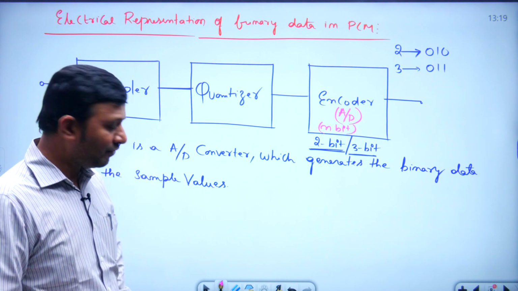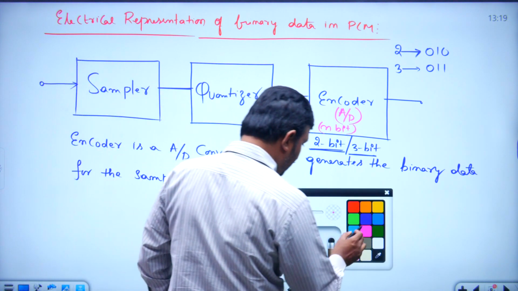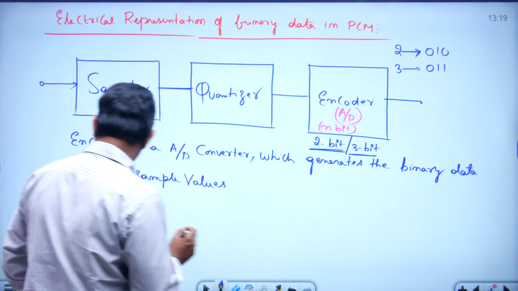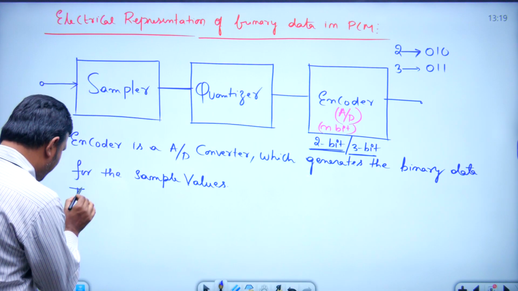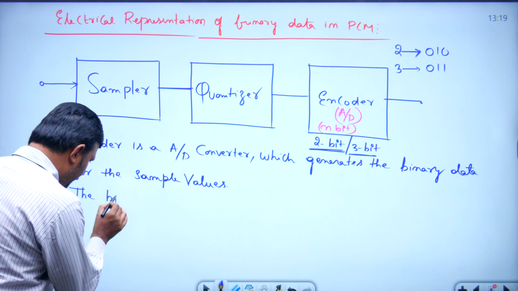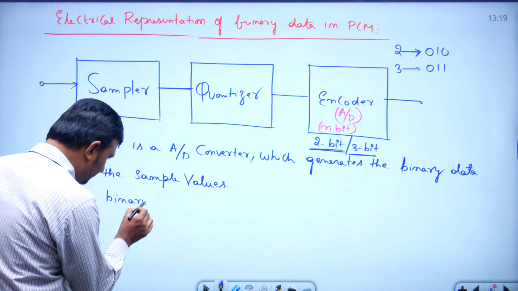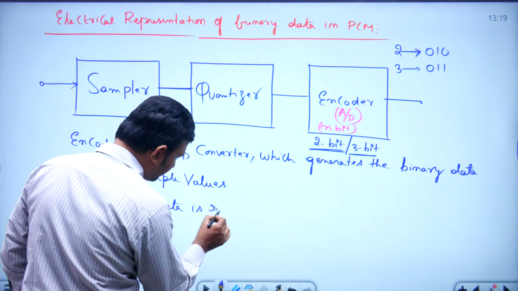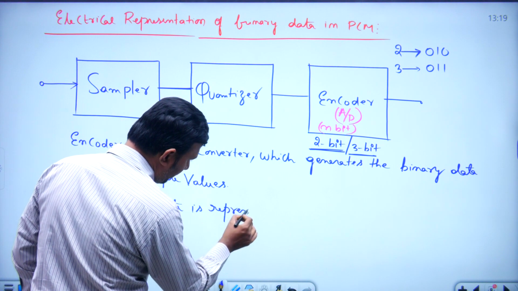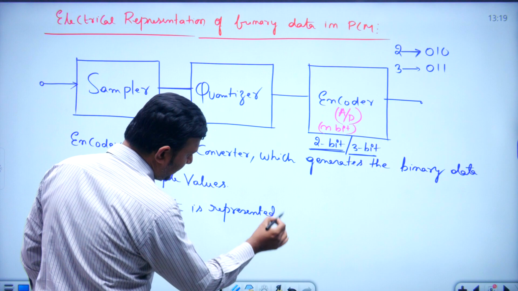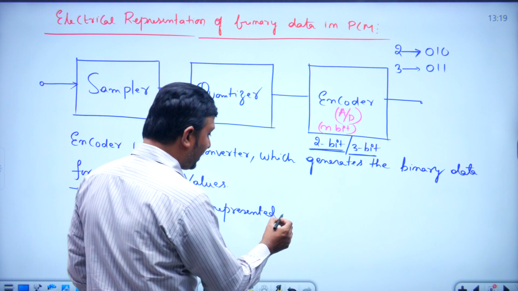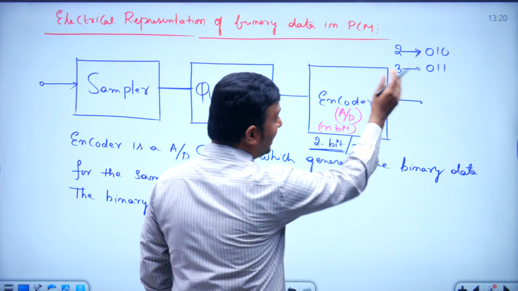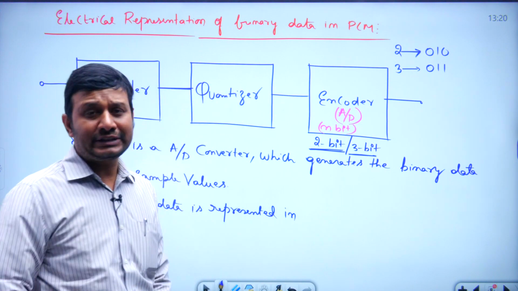And after this, what are we going to do? The binary data is represented in various electrical formats. See, this binary data has to be transmitted to the channel, no?